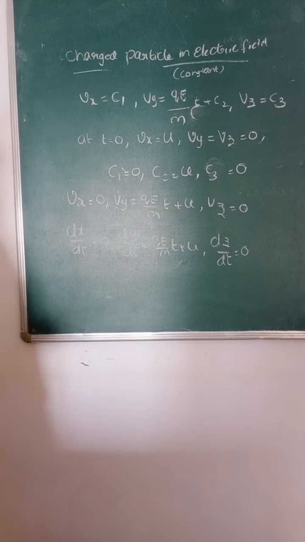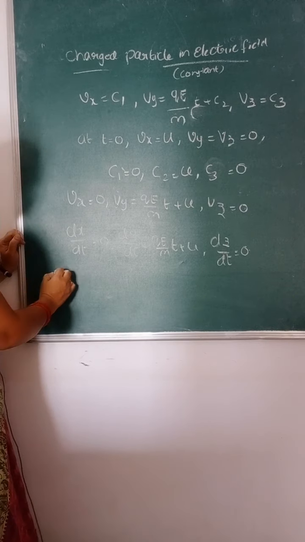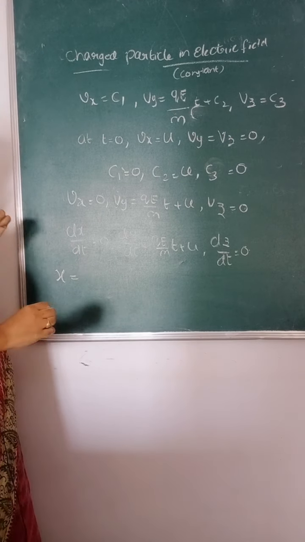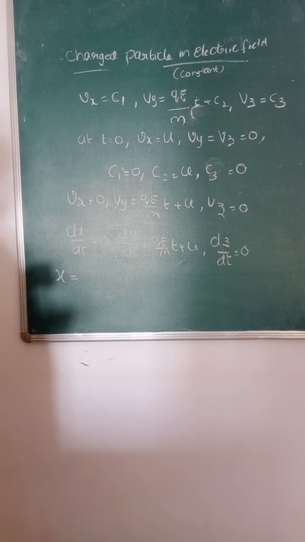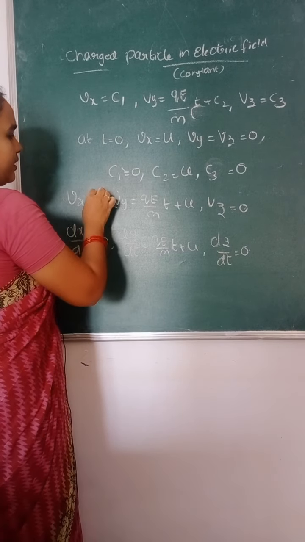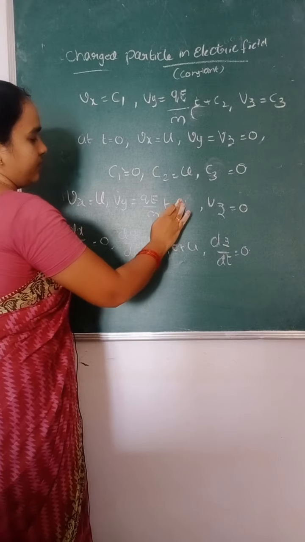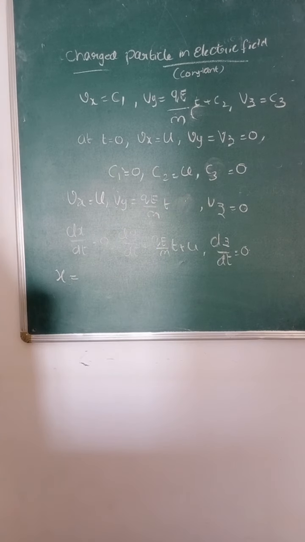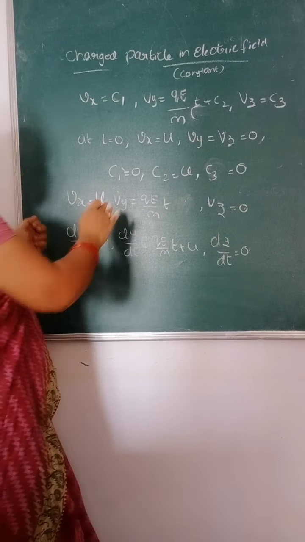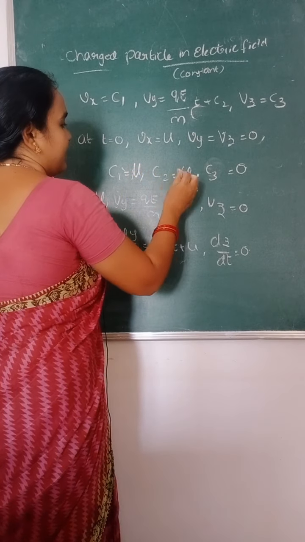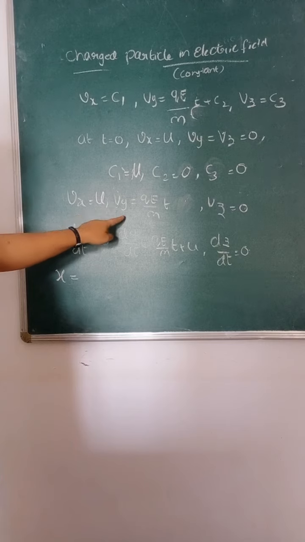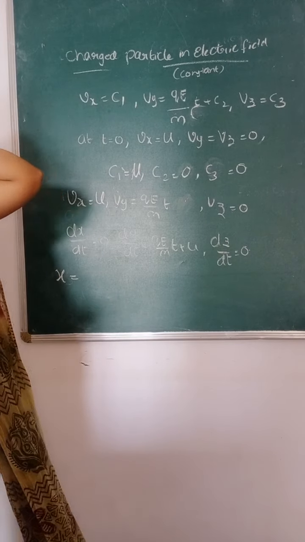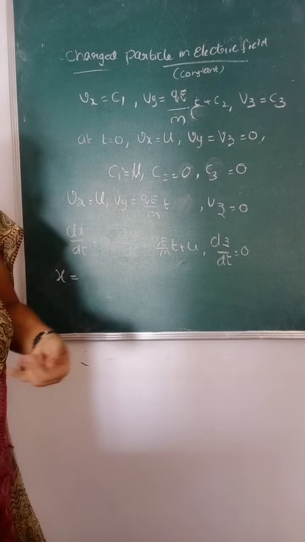Then on integration, since the initial velocity is along the x direction, Vx is equal to u, and the remaining two components are 0.